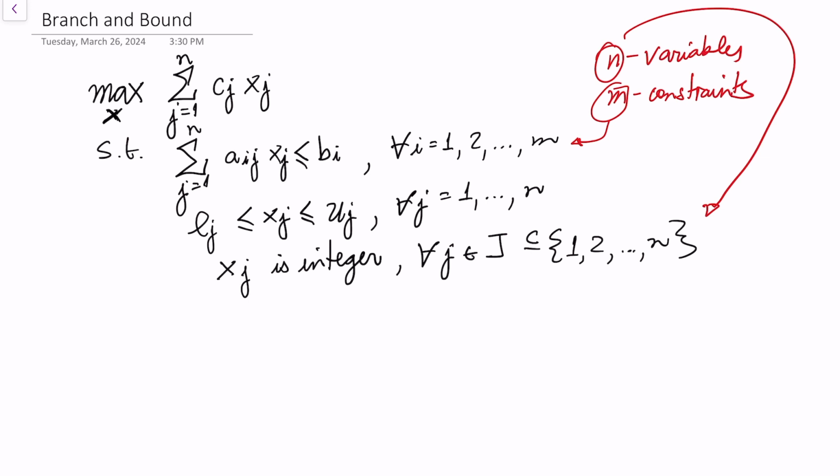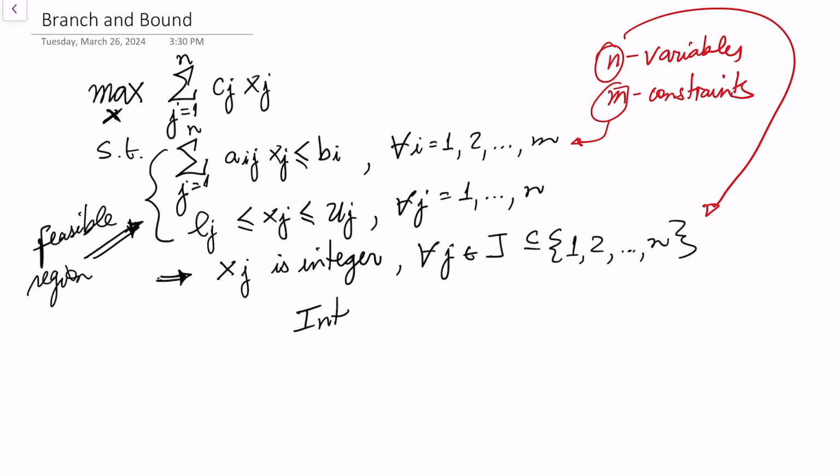So we want to pick the decision vector in such a way that it will satisfy all the constraints of this feasible region and also satisfies the integrality requirement of the integer programming. So this is an integer programming model.